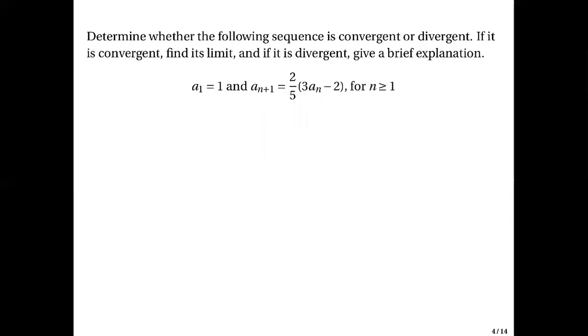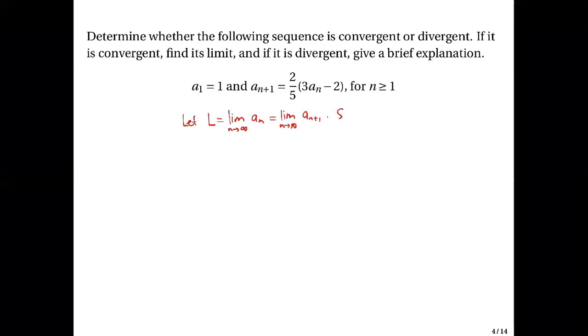So how do we do this? What we can do is the following. We say let L be equal to the limit as n approaches infinity of a sub n. And this is also the limit as n approaches infinity of a sub n plus 1.